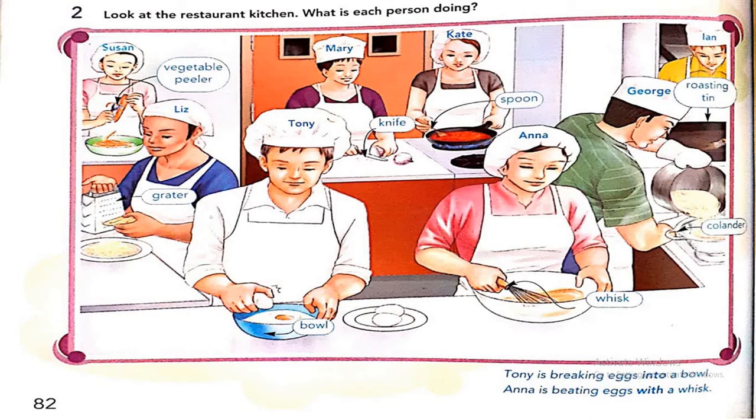Tony is breaking eggs into a bowl, and Anne is beating eggs with a whisk. So Tony is breaking eggs, and Anne is beating eggs. Good. So as I said, please pause the video and write sentences like these with Susan, Liz, Mary, Kate, George, and Len.